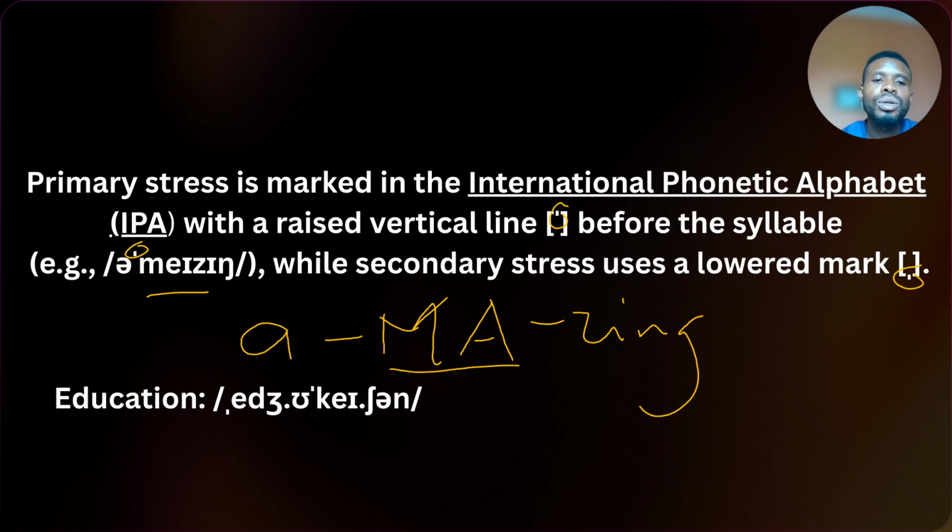It's pronounced louder than u, and also pronounced louder than tion, but not as loud as ka, because ka has the primary stress. It is pronounced loudest. Then we have the ed that has the secondary stress, so it's pronounced louder than the others, but not as loud as ka. So ka has a primary stress. Primary stress is pronounced loudest. All right. So the word here is education, education, education.